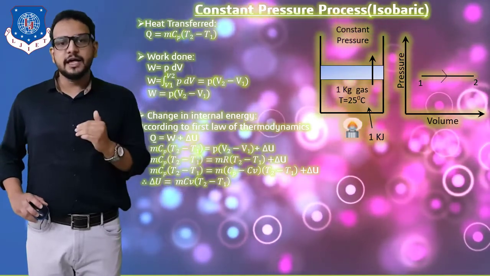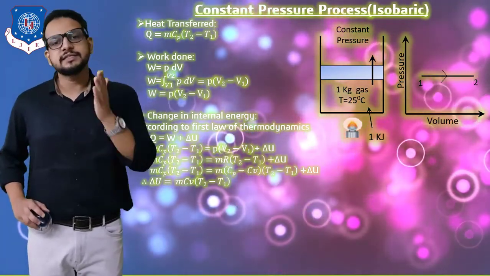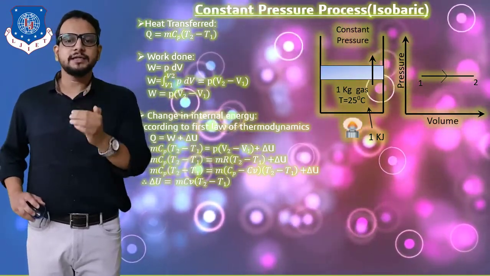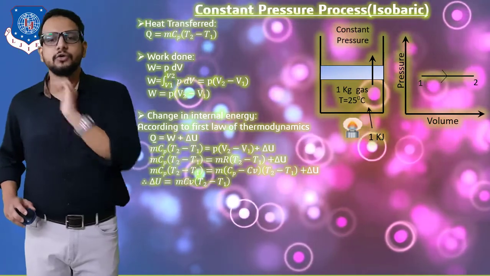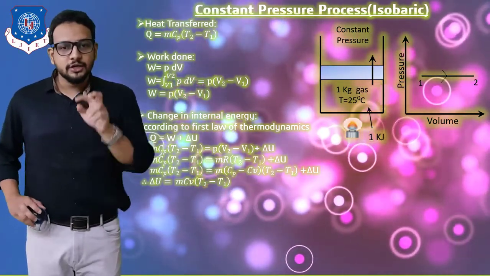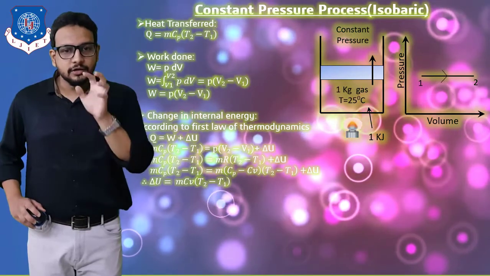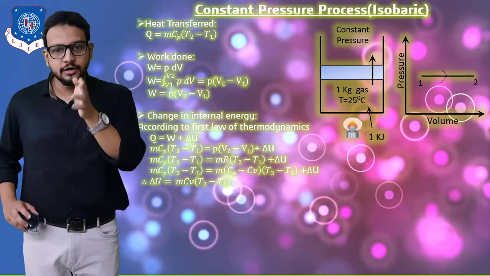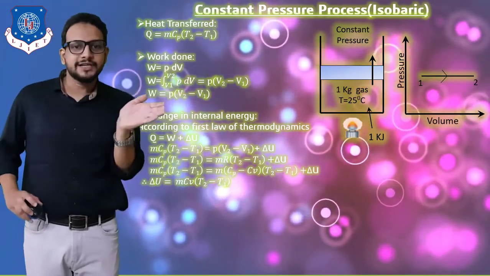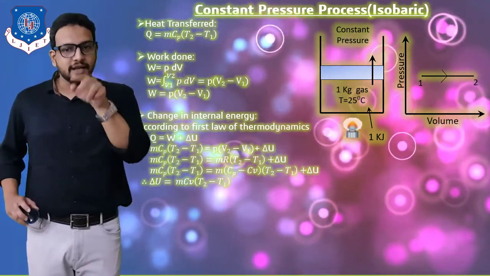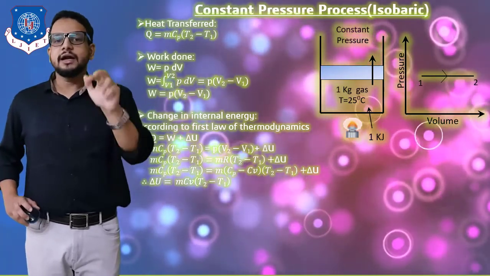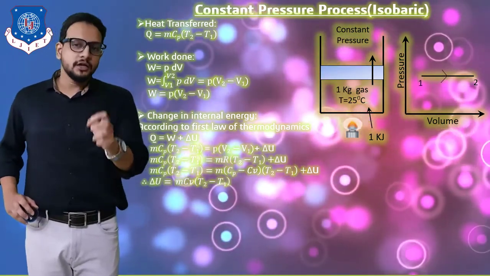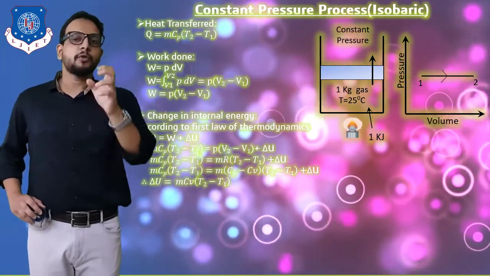So the next step becomes m Cp (T2 minus T1) is equal to m (Cp minus Cv) into bracket (T2 minus T1) plus delta U. Now making delta U the subject, you can clearly see that the term m Cp (T2 minus T1) on the left side and the term on the right side, when it goes to the left side, will get cancelled out, right? So the final equation of delta U is going to become delta U is equal to m Cv (T2 minus T1).